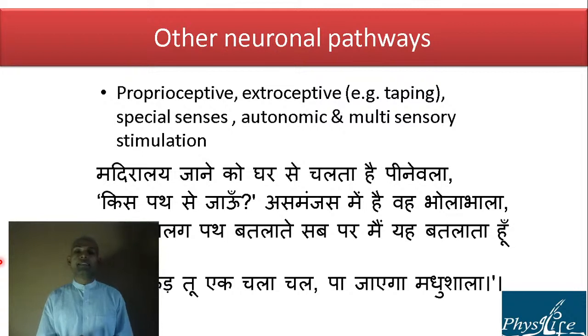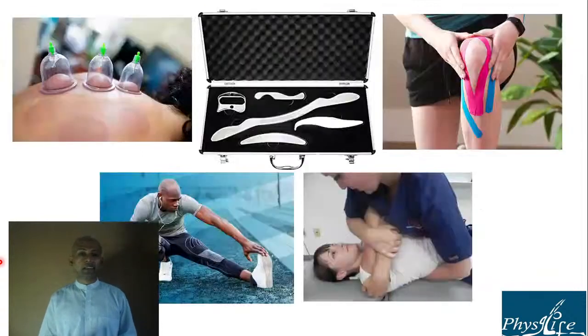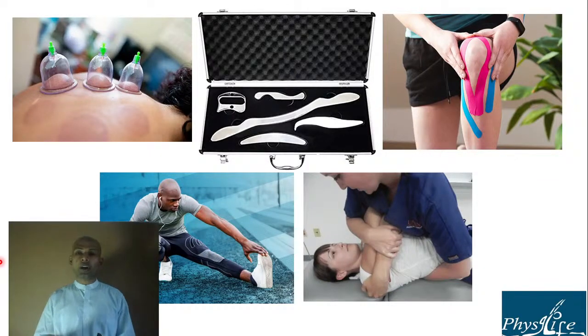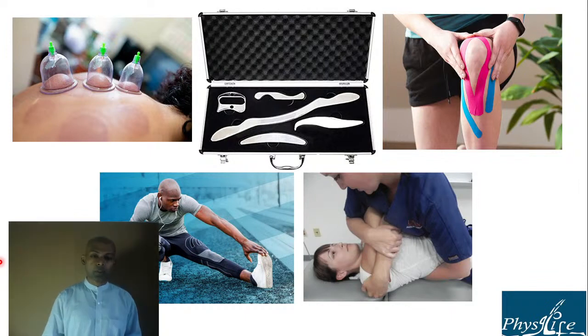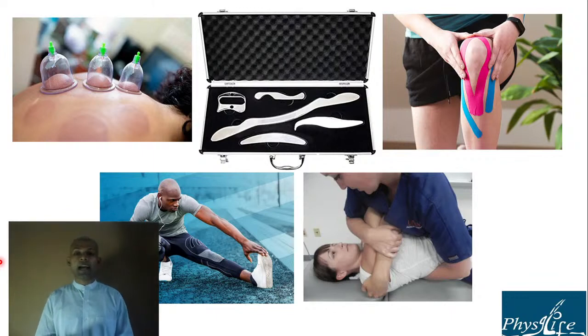So you may try multiple things, and finally, whether you are using the cup or your IASTM or the Kinesio tape, or you are simply stretching your patient, or you are performing a high velocity thrust to your patient, in every case, all you are trying to do is modulate the myofascia either via the mechanical end of the spectrum or the neural end of the spectrum.